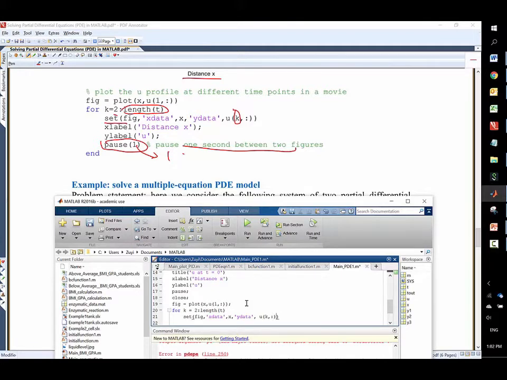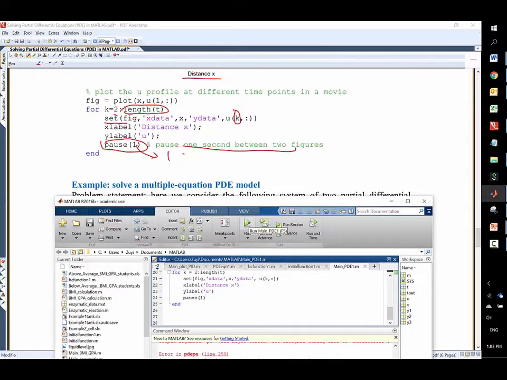Okay, so we choose this one, and then again you copy the x label and y label, and then you get the pause, right? Pause 1 second. Okay, save it. Now run it again.